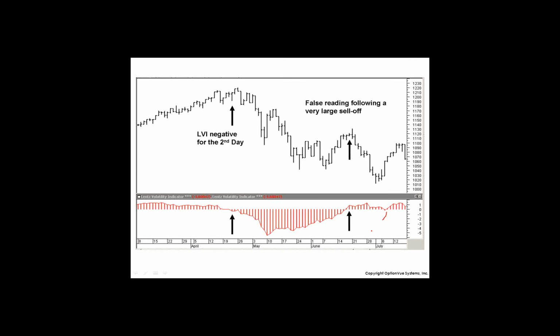Another thing to remember in terms of the bullish bearish thing: after a huge sell-off like the flash crash period, because of the relationship between SV and its 20-day moving average, you could end up having a false reading here in terms of that bullish bearish thing we talked about, okay?